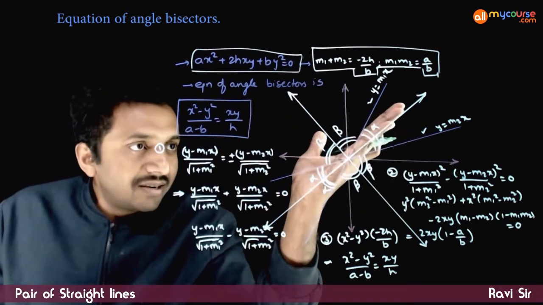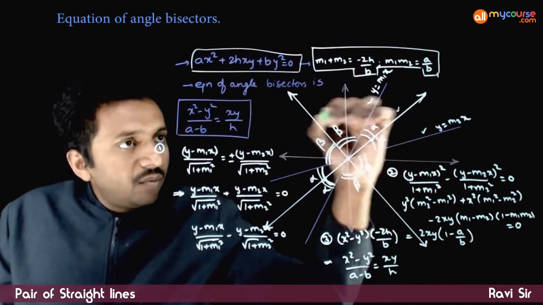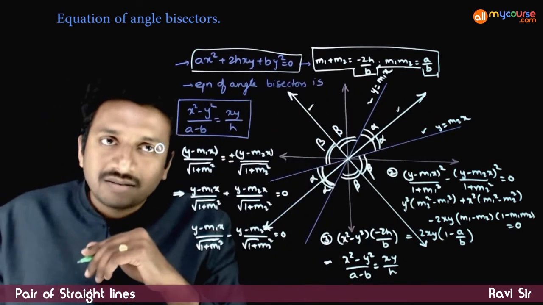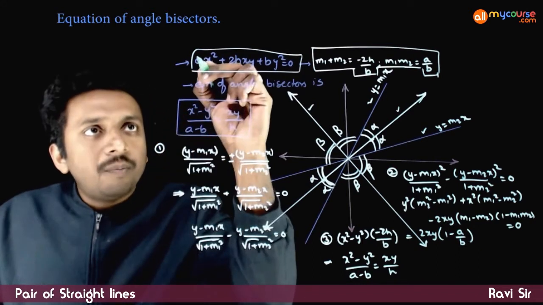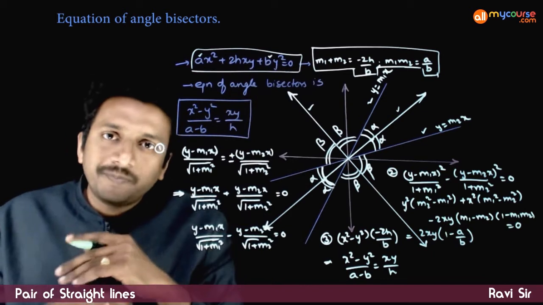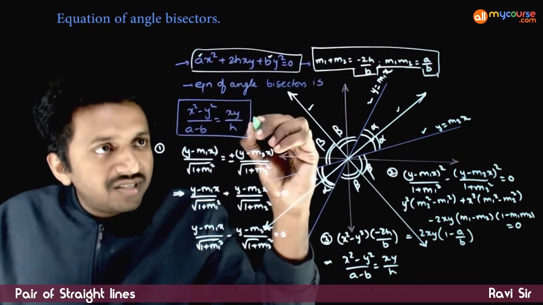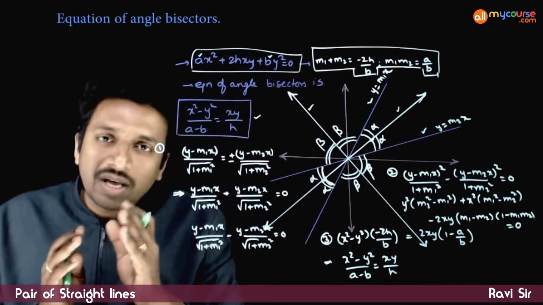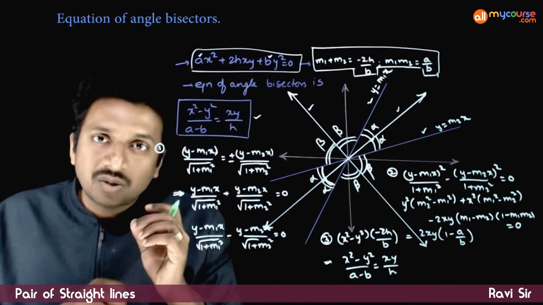You have one bisector like this and the other bisector like this. The combined equation of these two bisectors is given by (x square minus y square) by (a minus b) is equal to xy by h. You need to remember this equation.